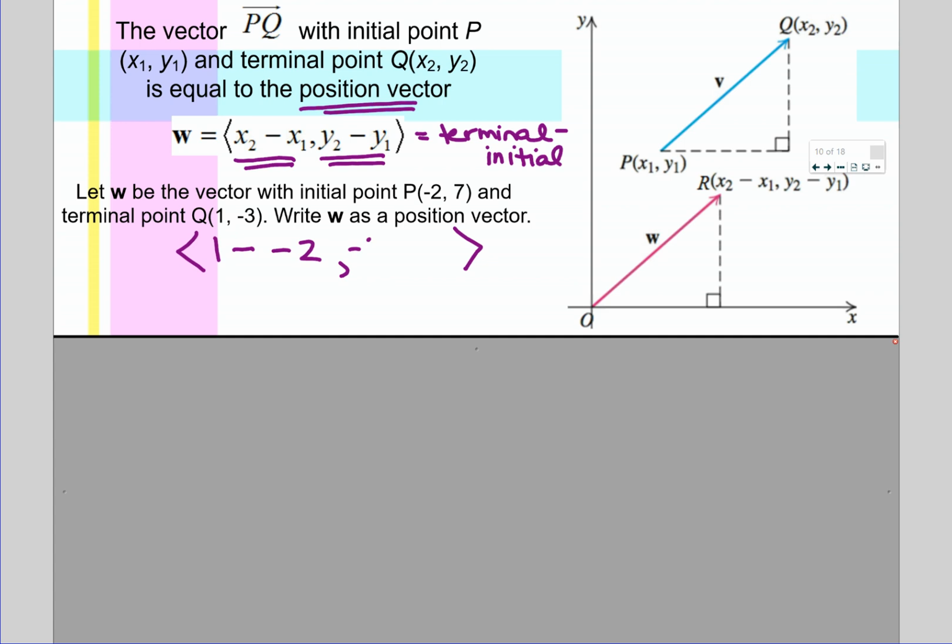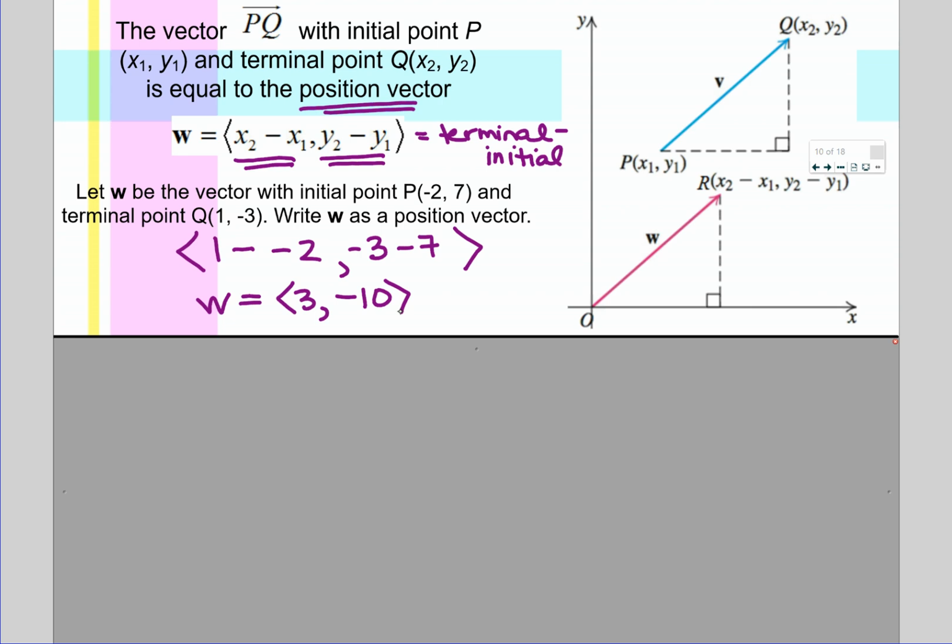And then same thing with your y's, -3 minus 7. So that vector, they're calling it vector W, can be represented as <3, -10>. So the vector that starts at 0, 0 and ends at 3, -10 will have the exact same length and direction as vector PQ if you were to draw that picture and connect the dots.